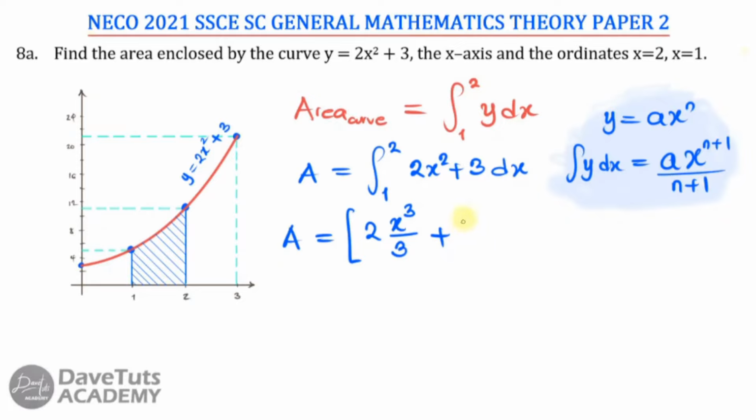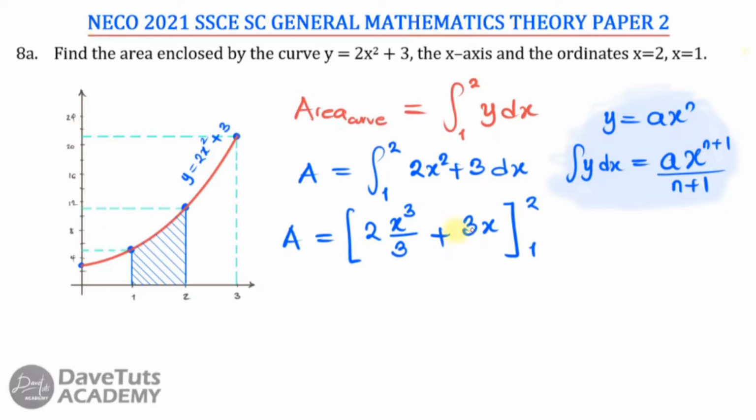So we still have that 3. Then x raised to power 0 plus 1 will be x raised to power 1, and then we can divide by 1. But we don't need to be writing 1, so we just have 3x. And then, since we are looking for area, we don't need the constant of integration. We just bound it by the region 1 to 2.